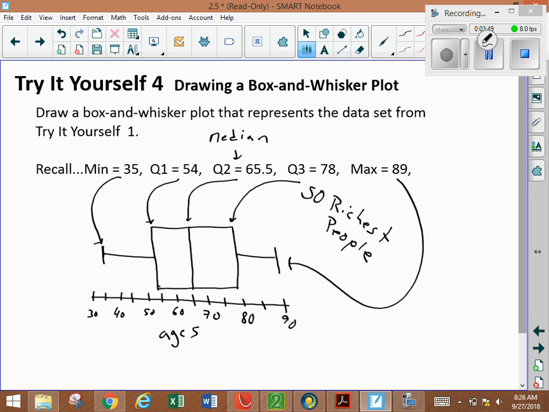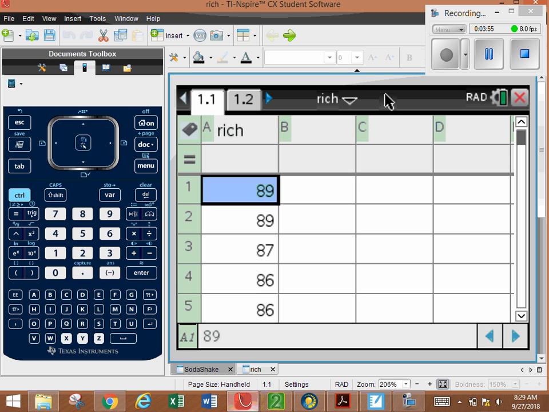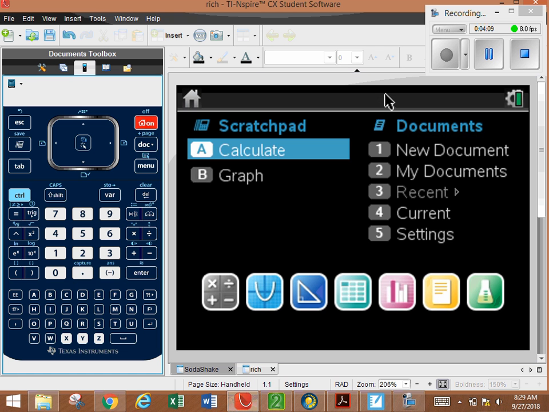Now, let's go ahead and get our handy-dandy calculators to do this for us. Alright, here we go. Calculator's ready. So, yesterday we were dealing with this data, this rich data, that had our 50 richest people. You can probably find it on your calculator if you go into recent documents. So you're going to hit home if you don't have it there, and then recent.